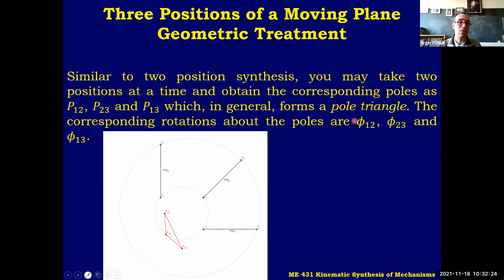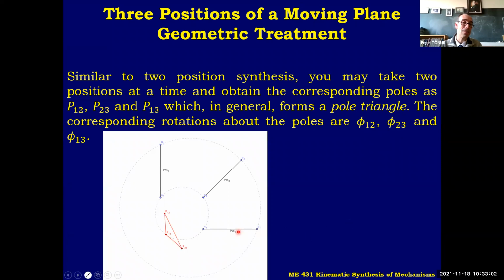And in general, this forms a pole triangle. Suppose to move from 1 to 2, this is the rotation phi 1,2. That is, it is phi 2 minus phi 1 from our previous figure. This is phi 3 minus phi 2, and this is phi 3 minus phi 1. So this is how much it rotates from 1 to 2. This is how much it rotates from 2 to 3. And actually, this is the sum of the 2.